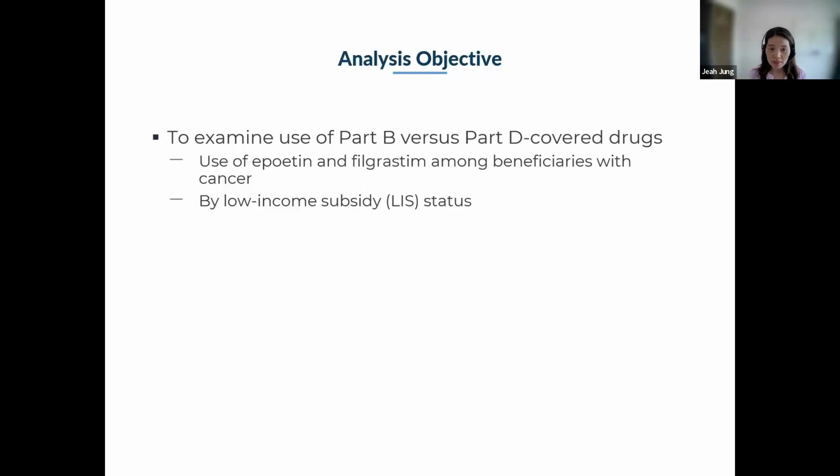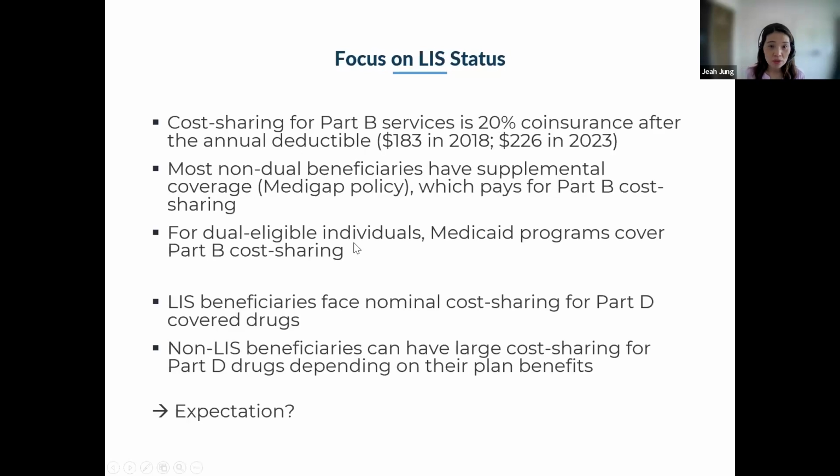In other words, I compared the use of Part B versus Part D drugs between LIS beneficiaries and non-LIS beneficiaries. Why focus on LIS status? Any thoughts? Anyone who wants to share? No? Okay, in the next slide, I can show here.